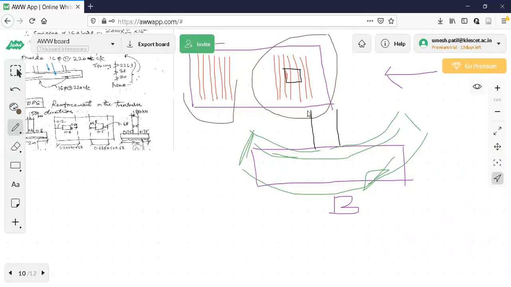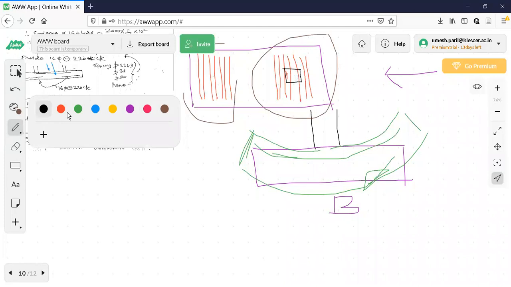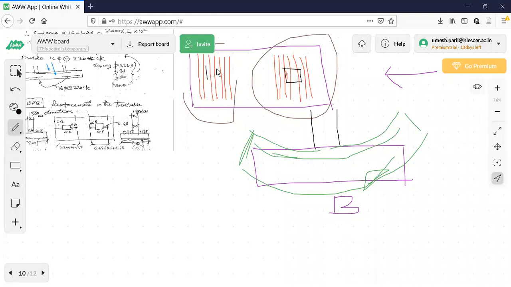That is why I will provide reinforcement in the transverse direction very close to this column, as well as very close to this column also. Any questions? One more column is here. Now in this step I am going to discuss only the transverse reinforcement, its position, diameter and spacing, and how to calculate it.